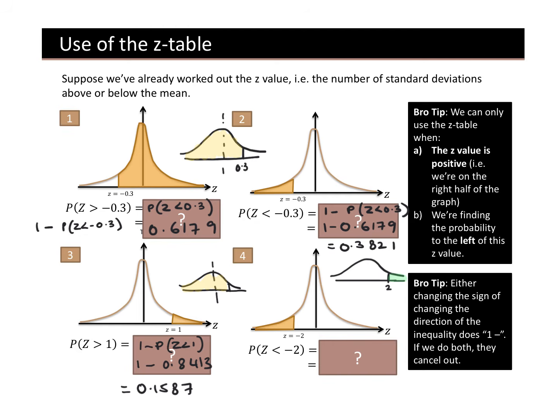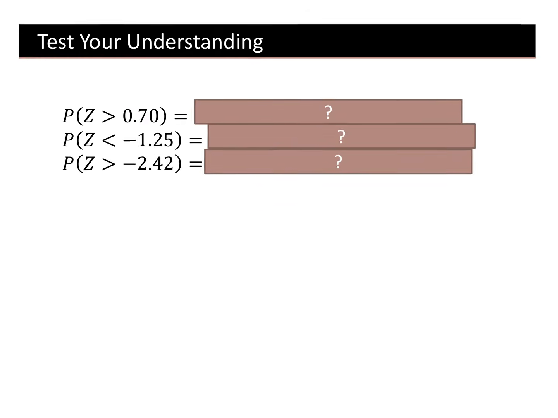So we're going to have to do 1 minus the probability of z being less than 2, okay? Which is 1 minus 0.9772, which is 0.0228.